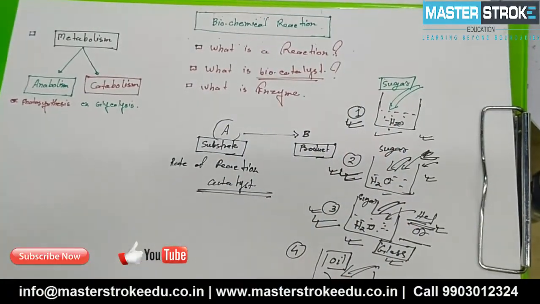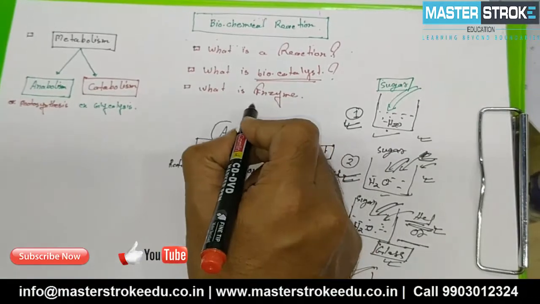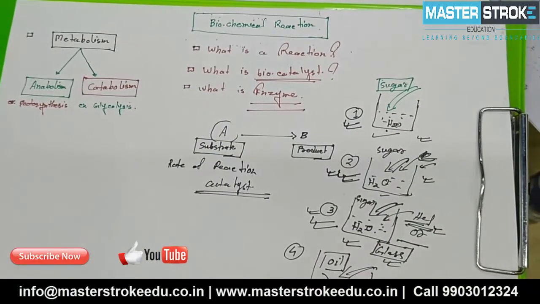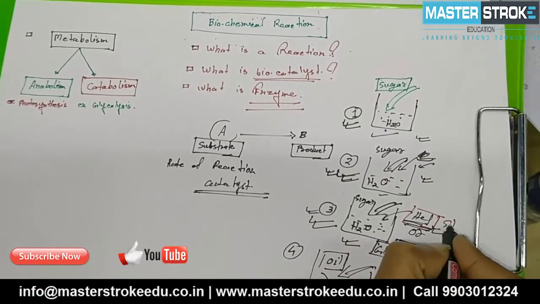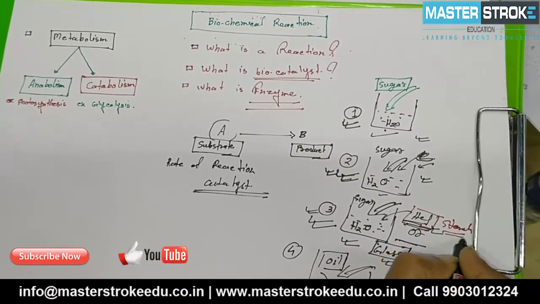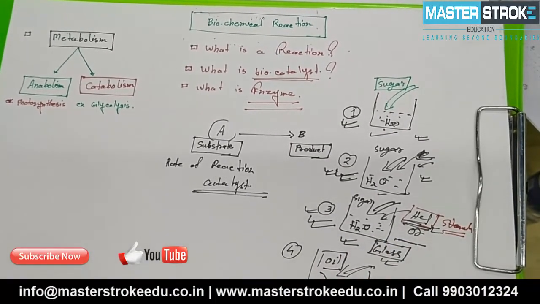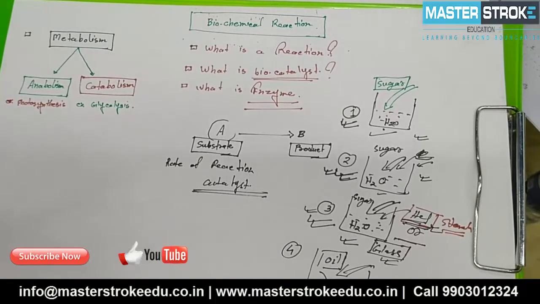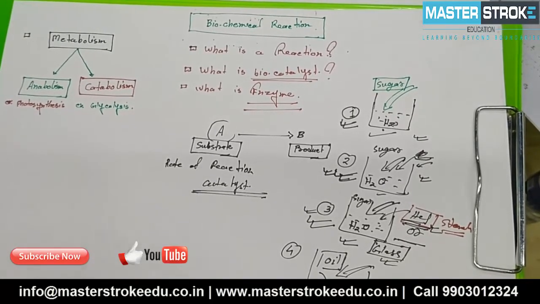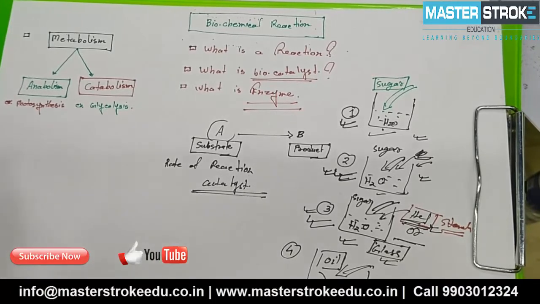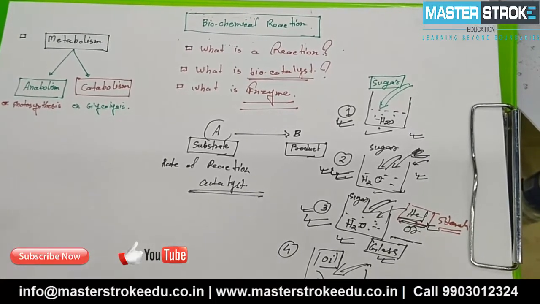So the biocatalysts are the enzymes present in our body, and HCl in our stomach is also known as a biocatalyst. Now the question is, every molecule or every substrate has a stable force.